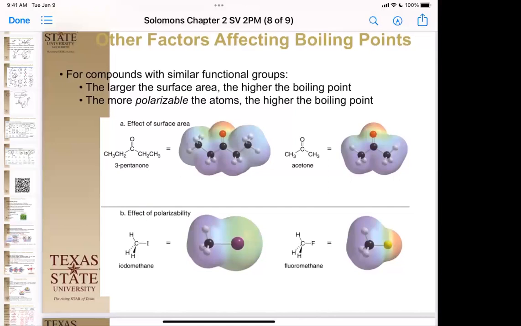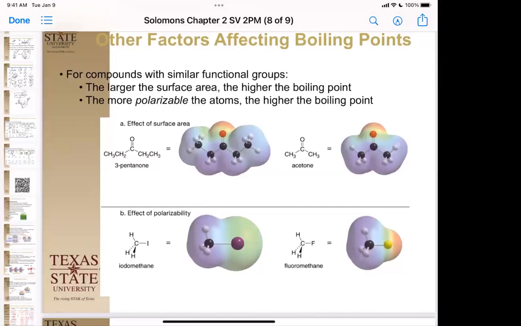I can pull some more electron density. You can almost induce an extra dipole, an extra amount of that bond. So the more polarizable the molecule is, the more it will enhance the boiling point of your compound. Okay, so the big two are intermolecular interactions and molecular weight, followed by surface area, symmetry, and polarizability.